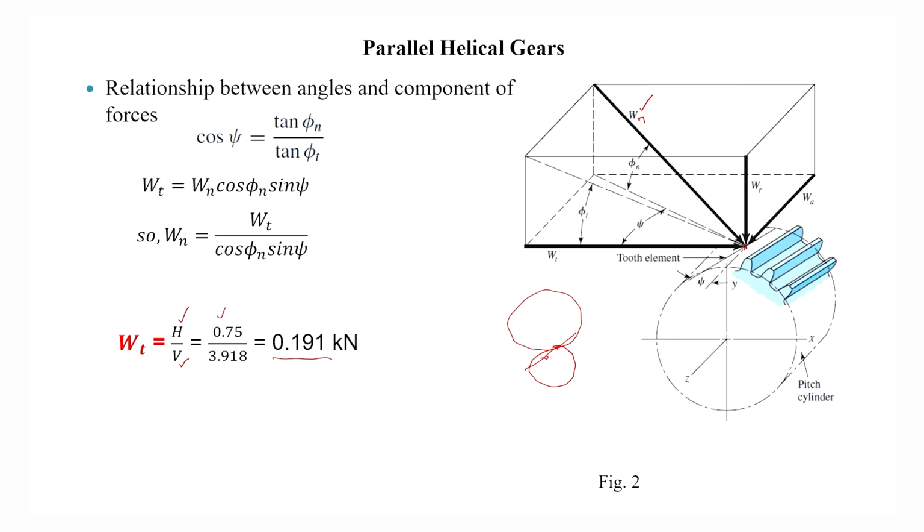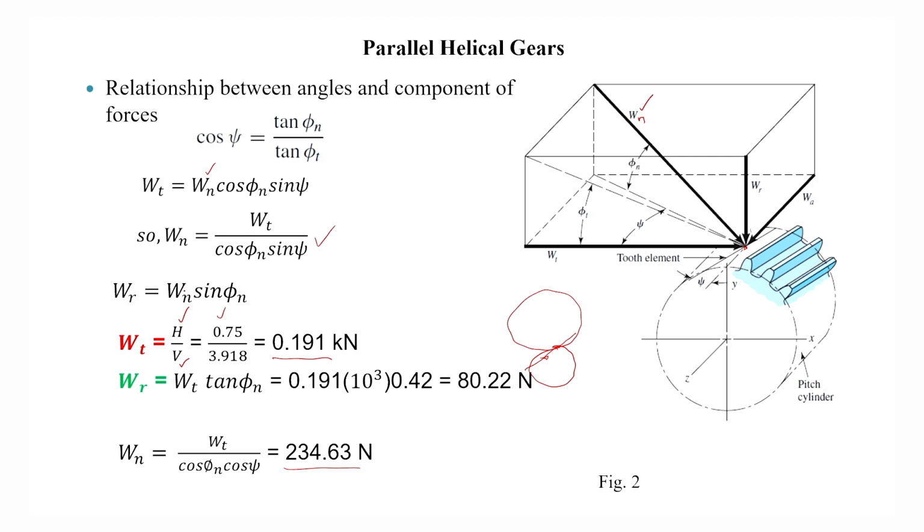Knowing the Wt, we can find the Wn, the normal force which is to be transmitted, and then the Wn is obtained as, knowing this Wt and cos phi n cos psi, it is this one. Then the radial component of this Wn is Wn sine of phi n.